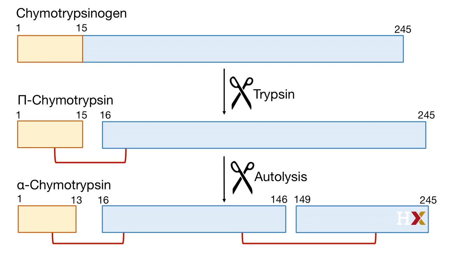The first one contains the residues that occupy positions 14 and 15 in pi chymotrypsin, and the second one contains residues that occupy positions 147 and 148. The outcome is the mature form of chymotrypsin, called alpha chymotrypsin, comprised of three polypeptides that remain together because they are linked by disulfide bridges.